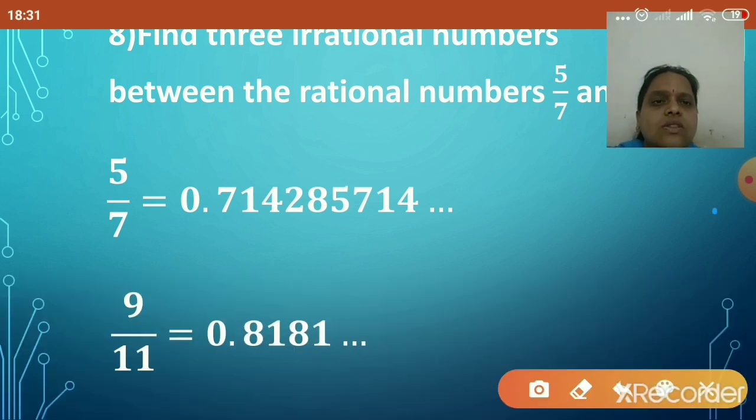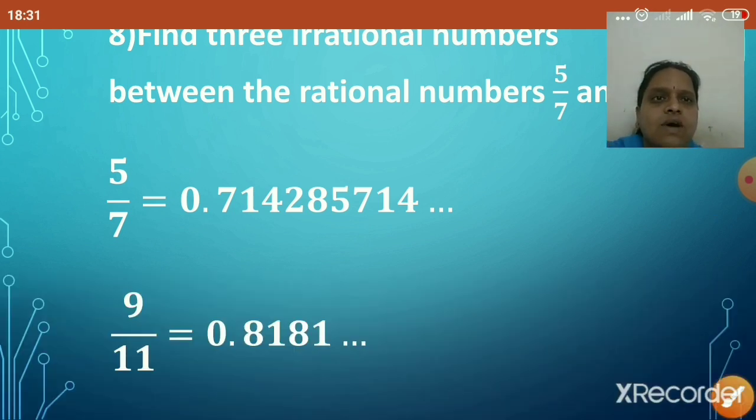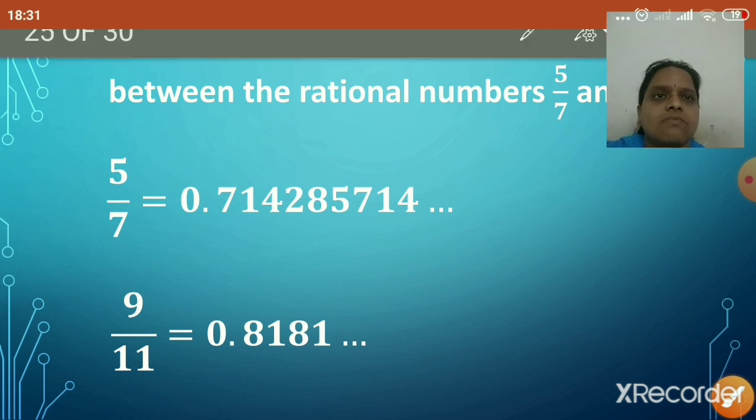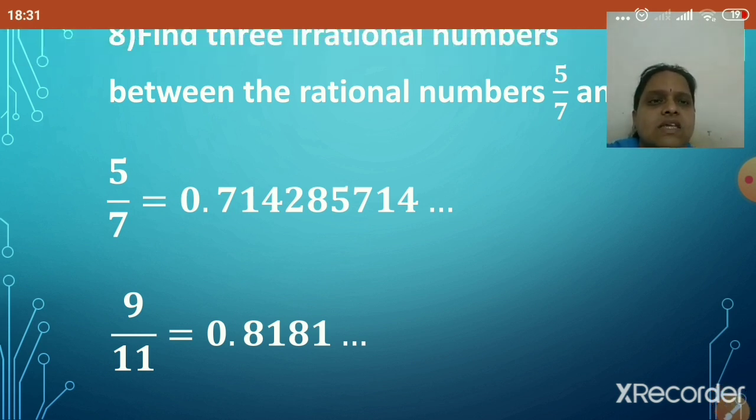Yes, so how do we find the 3 irrational numbers between them? Just look at the first 2 digits after the decimal point: 0.71 here, and 0.81 here. Correct?